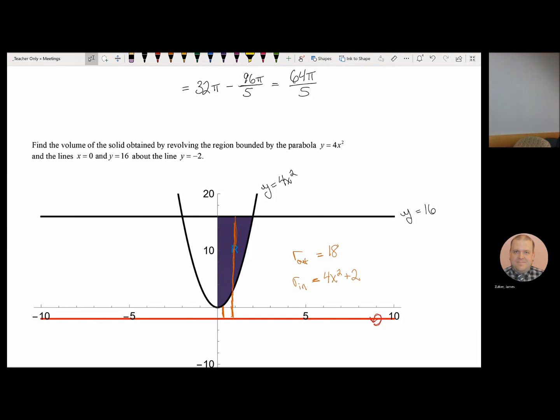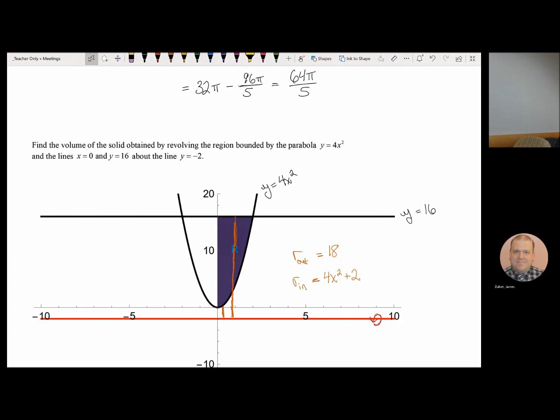Because we have to have this distance, right? So 4x squared would be from the x-axis up to the curve. That's the 4x squared, right? But we want to go from the axis of revolution to the curve. So what's the distance between the axis of revolution and the x-axis? That's 2, right? Now, is that being added or are you taking it away?